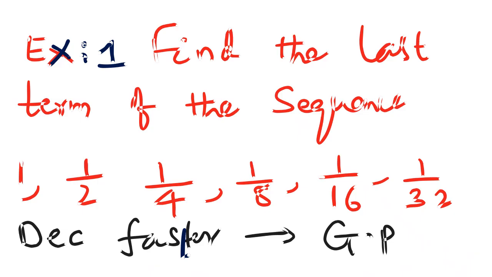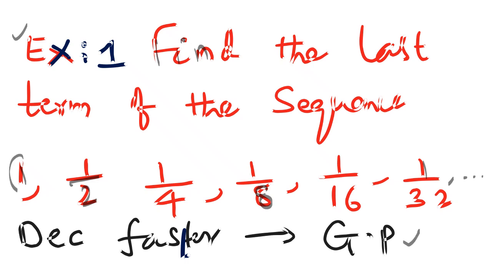Here is one example based on the last term. You're asked to find the last term in the given sequence. The sequence is 1, 1 by 2, 1 by 4, 1 by 8, 1 by 16, 1 by 32, and so forth. The terms are decreasing very fast, so we can conclude they are in GP.